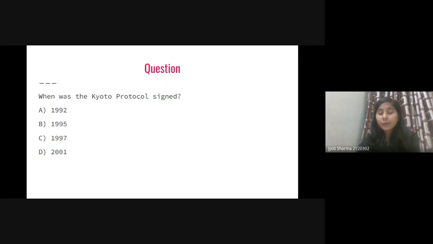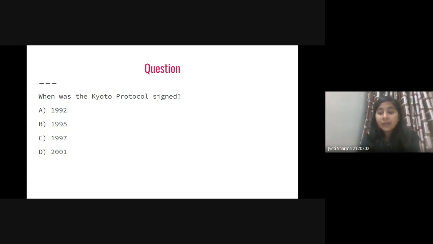Okay, when was the Kyoto Protocol signed? Not 2001. Initially, it was mandatory, like for the developed country to reduce the emission, but somehow some of the countries, developed countries, for example, USA, withdrew itself.